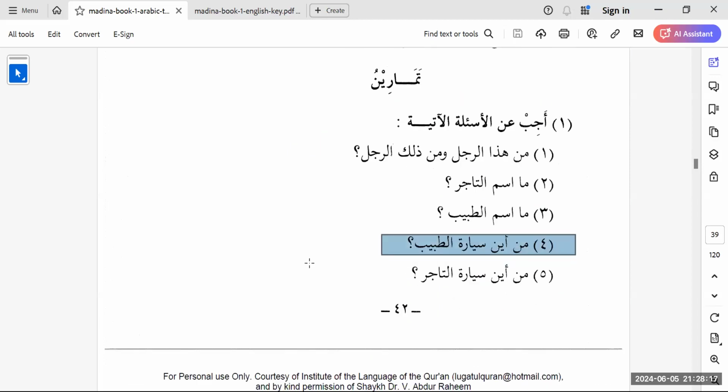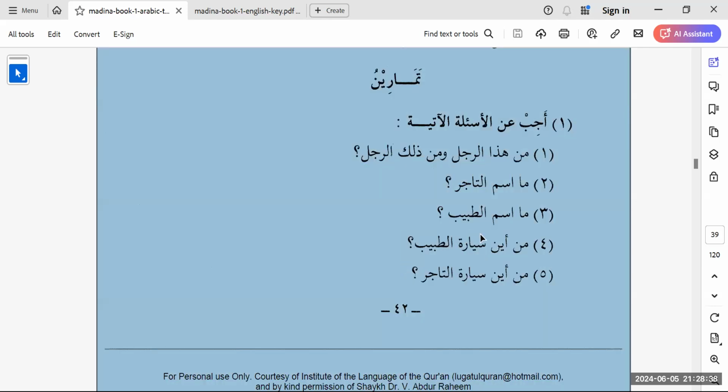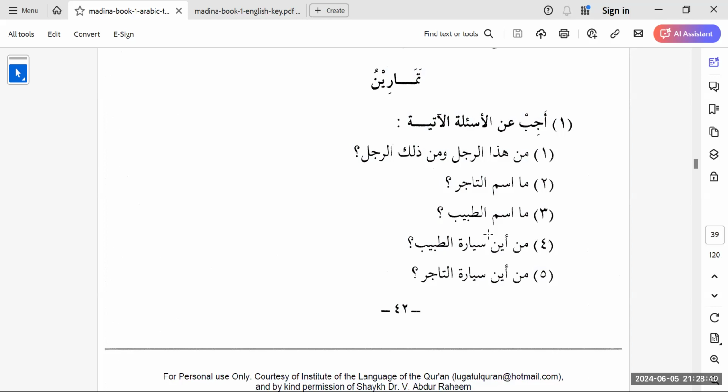وهذا السؤال, this question over here. من أين سيارة الطبيب. No, you tell me what you understand first in English. Is it who's, or no wait, where?